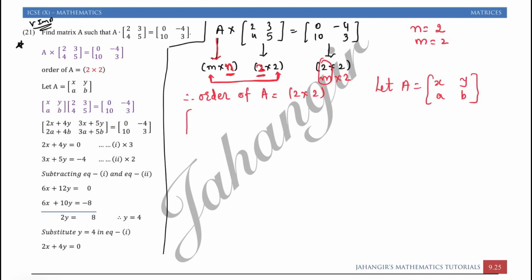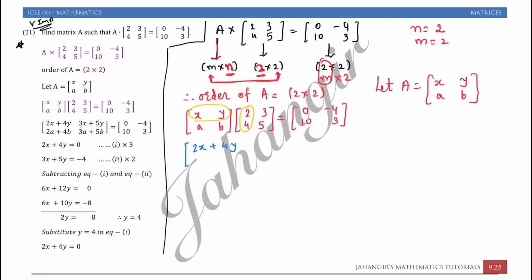So now I will write xy, ab into 2, 4, 3, minus 3, 5 is equal to 0, 10, minus 4, 3. Now as you start multiplying, what will you get? First row, first column: 2x plus 4y.